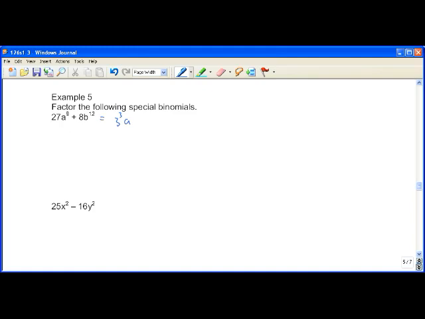A to the 9th, you can think of it as a cubed cubed. 8 is 2 cubed, and b to the 12th is b to the 4th cubed. So you really can think of this as 3a cubed, cubed, that's our first term cubed, plus 2b to the 4th quantity cubed. That's how we can think of it.